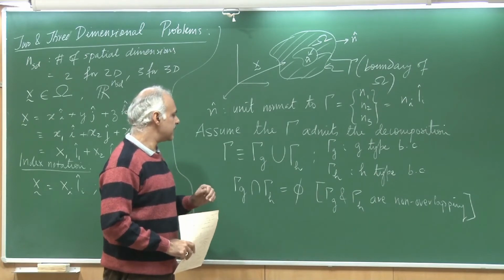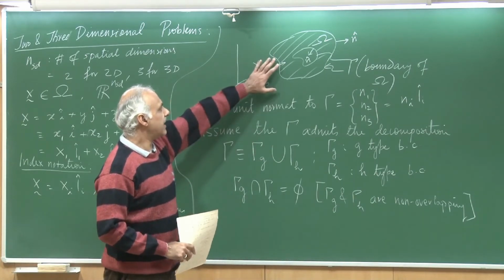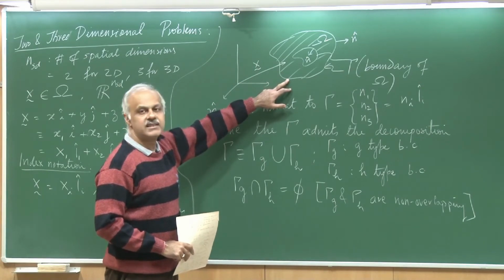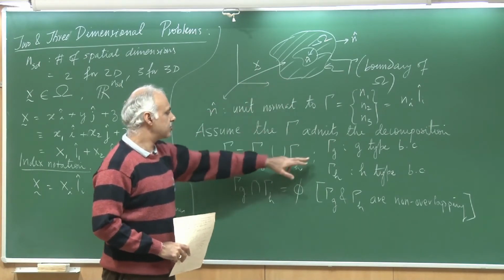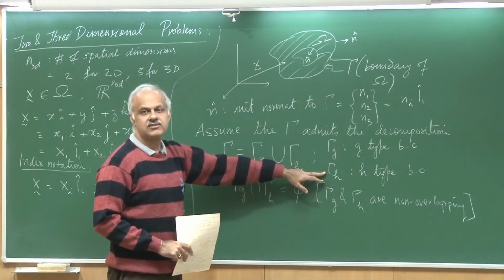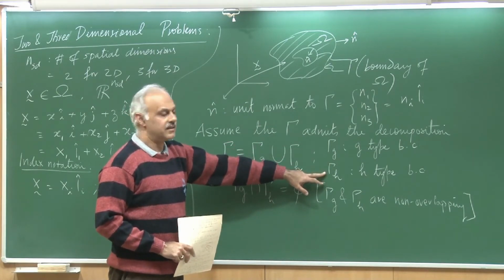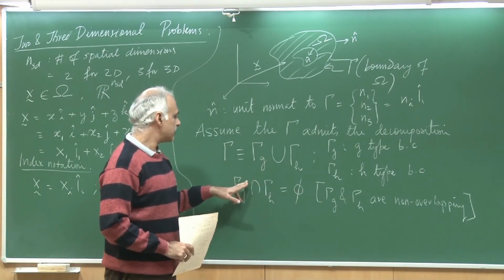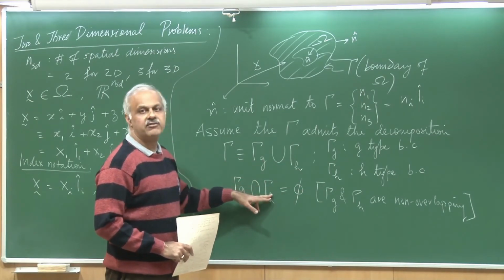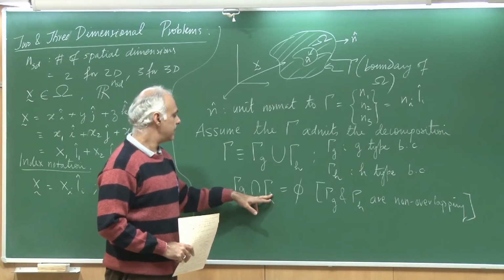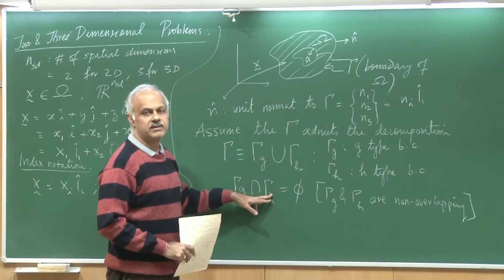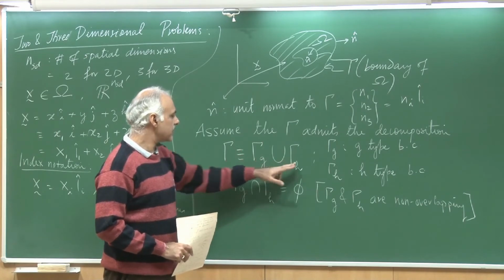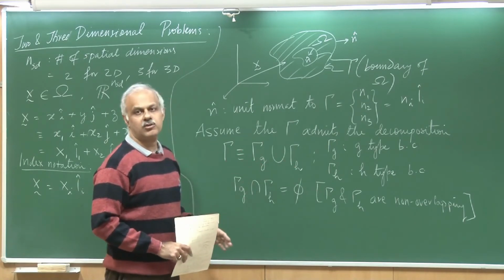What is being said is that at any point on the boundary, I will specify either the temperature, which is through gamma g, or the flux, which is gamma h. Okay. I am further assuming that I cannot specify both the temperature and flux at the same points on the boundary. Okay. So each point on the boundary belongs to either one of these, and they do not overlap.